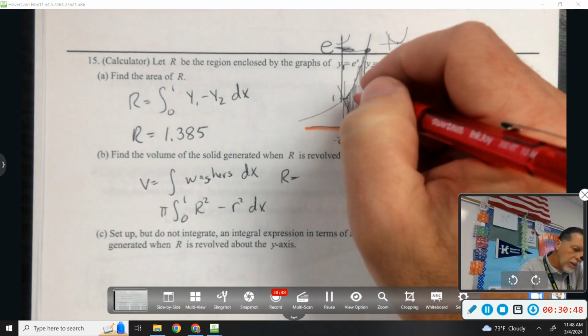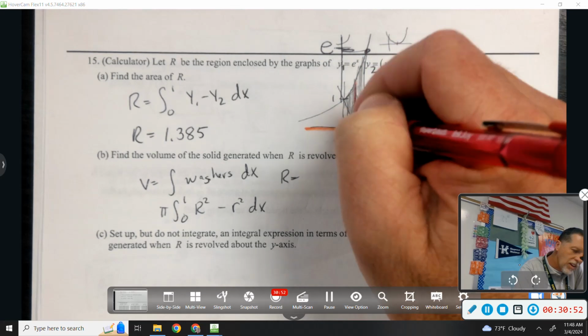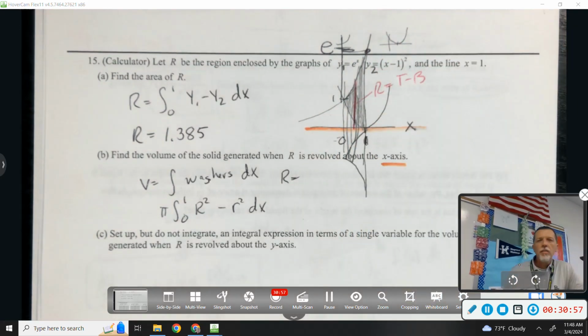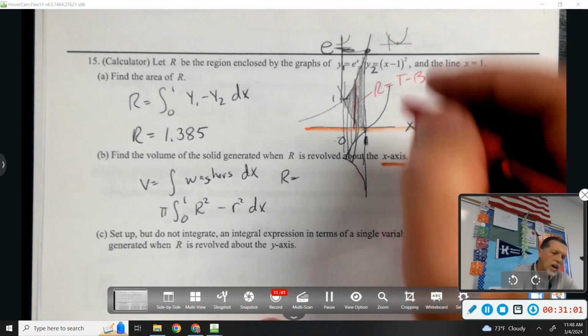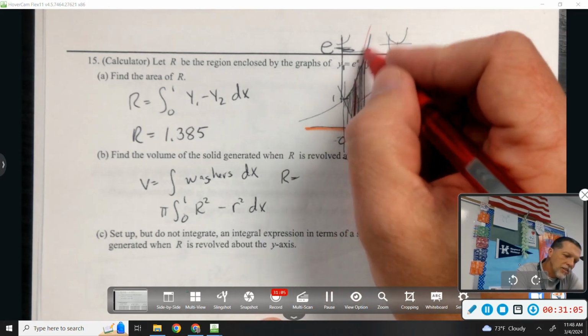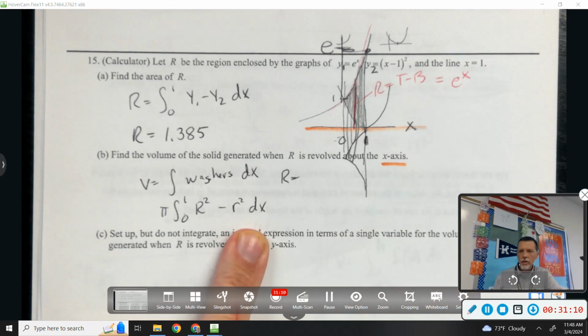Big R, okay, from the axis to the outer edge. So top minus bottom. The top would be this curve, which is e to the x. And I'm good with e to the x because we want it in terms of x.